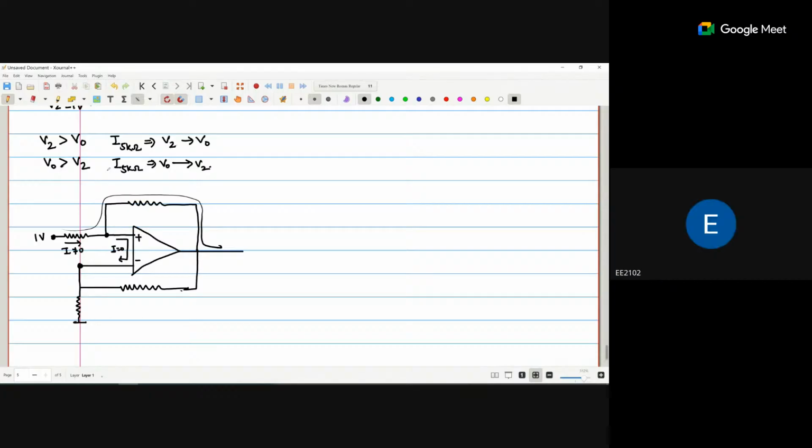Now you see that two particular loops are created, one through the positive, one through the negative. First of all, we check whether the circuit is a negative feedback or not.